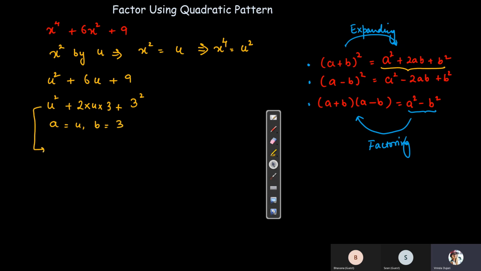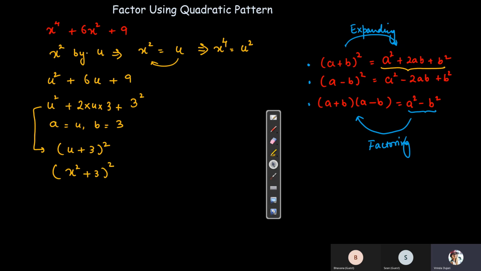Now I can write it in the factored form like this: u plus 3 whole square, because the value of a is u and the value of b is 3. So I have made its factors, and now you need to put back the value of u. U was x squared. So it is x squared plus 3 whole square.